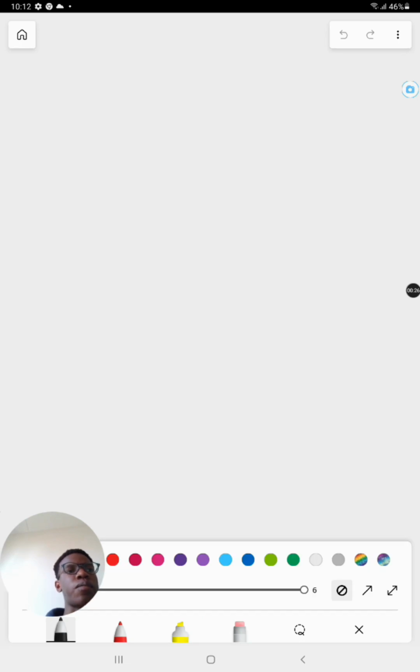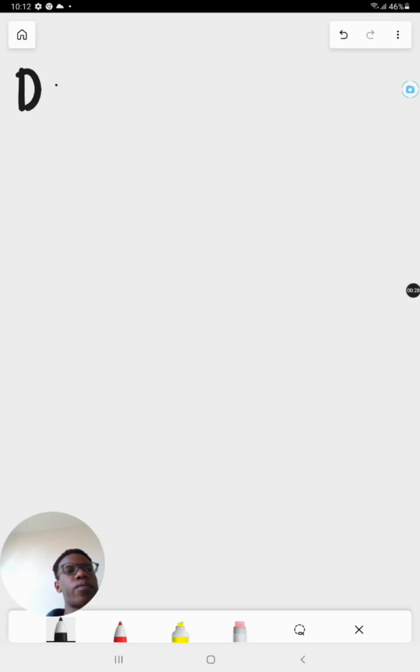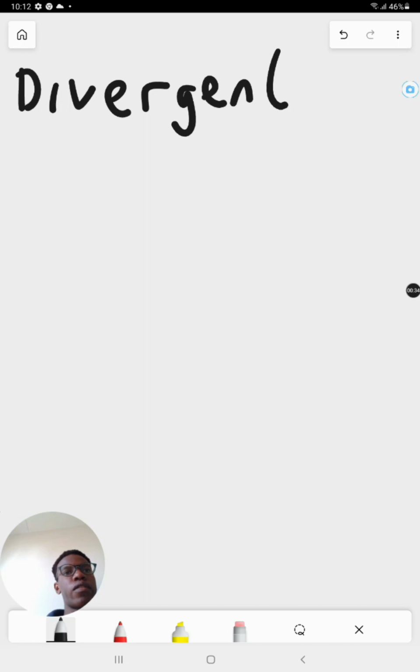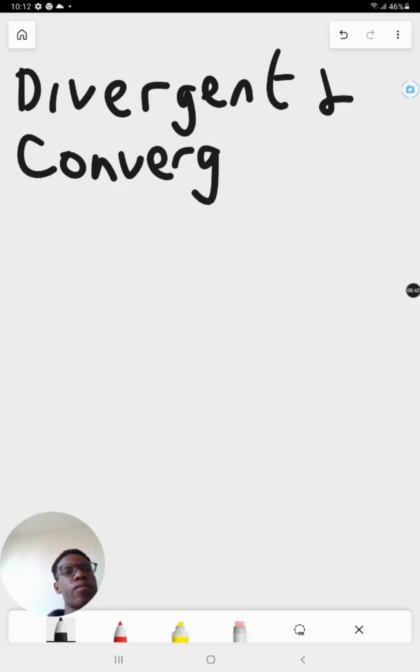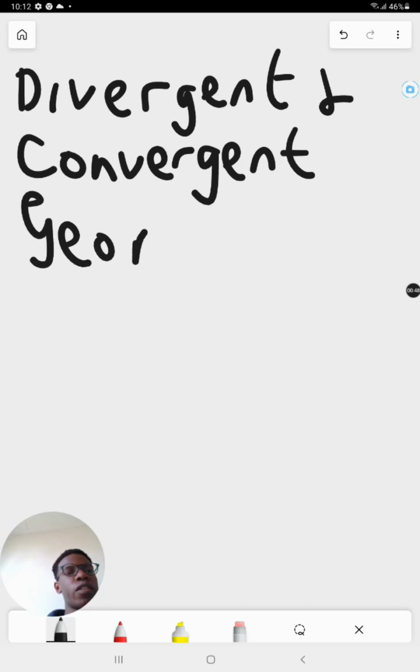Divergent and convergent geometric pattern.